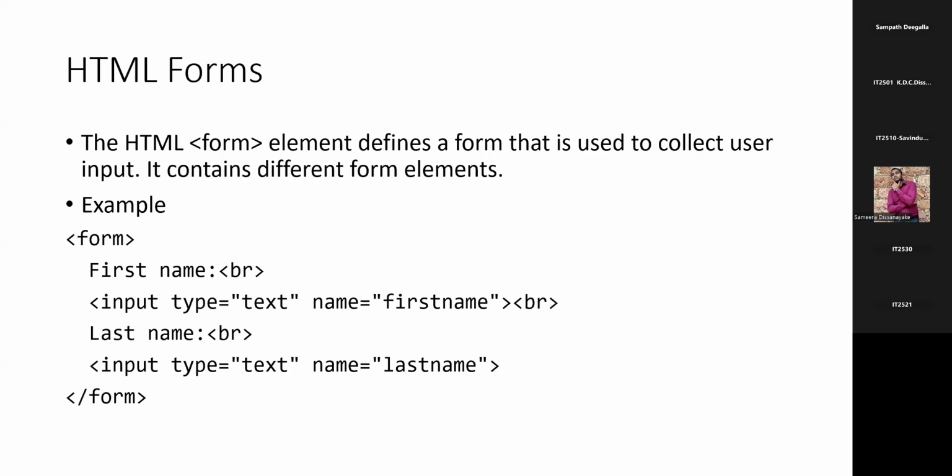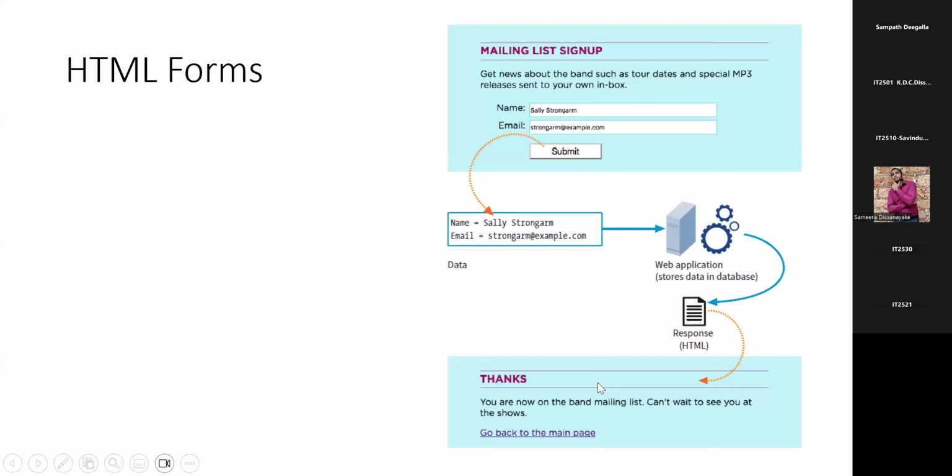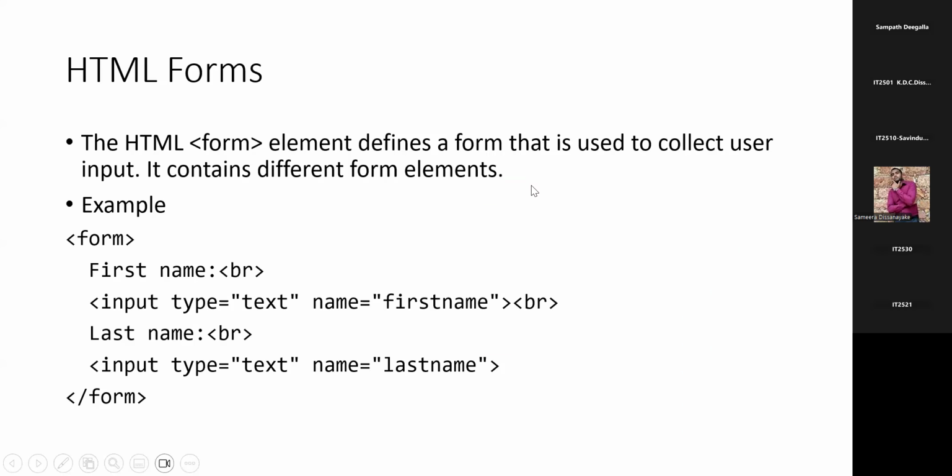So let's start. The first one is how to create a form. When you want to create a form, you start with the form tag and end with the slash form. Within that, you define what input types you need, right? For example, if you want to get a person's name, this is called a text box. To use that we have to use input, and then say type is text, which indicates a text box.